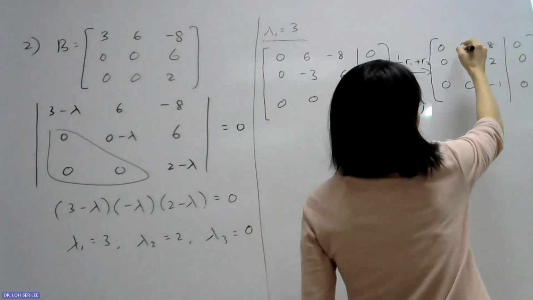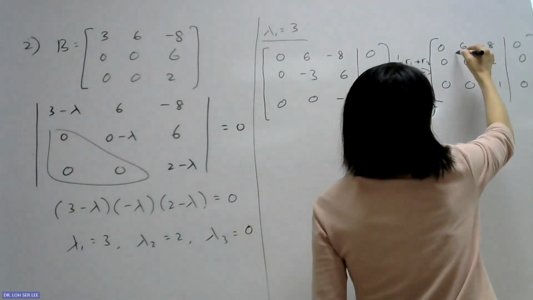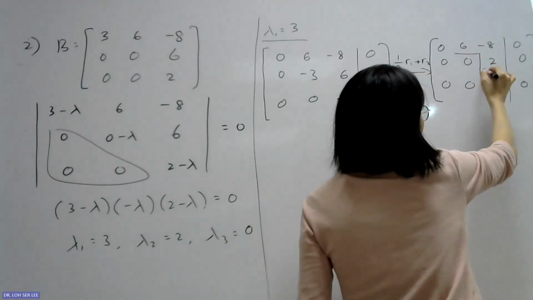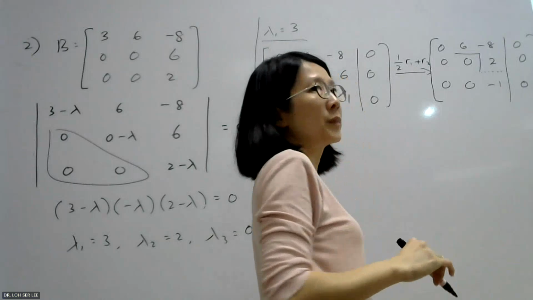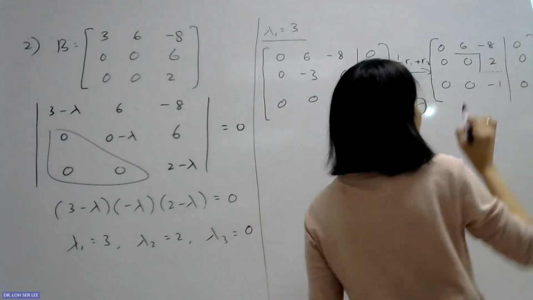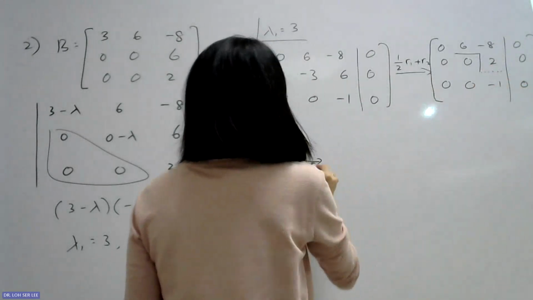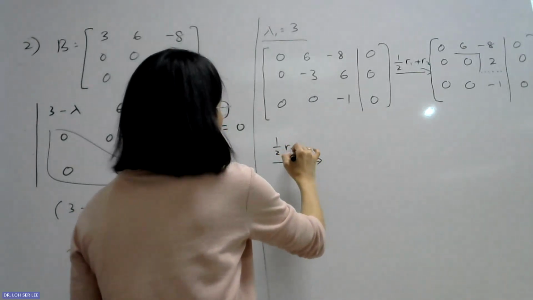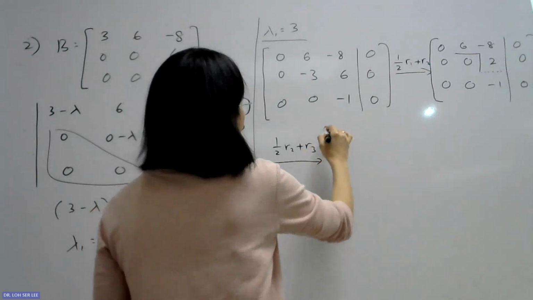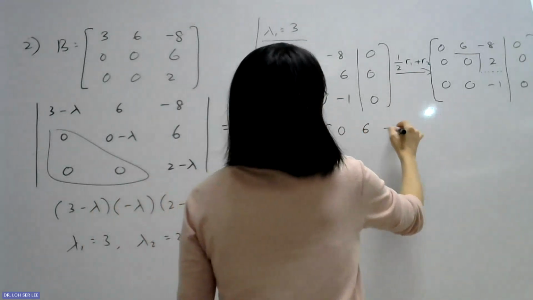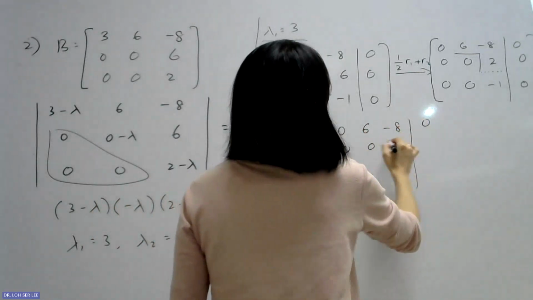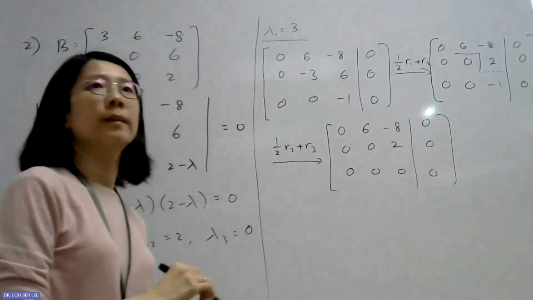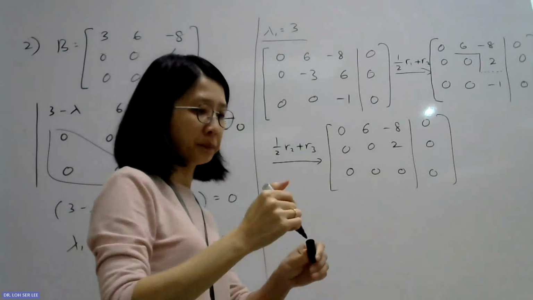Okay, so when you sketch the staircase, it goes down, then you need to turn right. So now use this to change this into 0. 1 over 2 R2 plus R3. Okay.